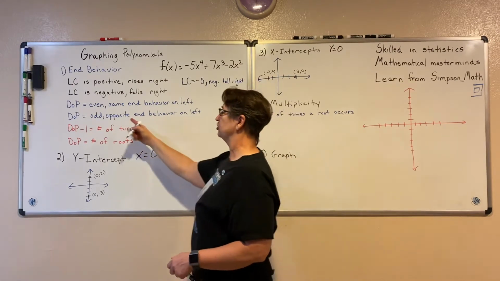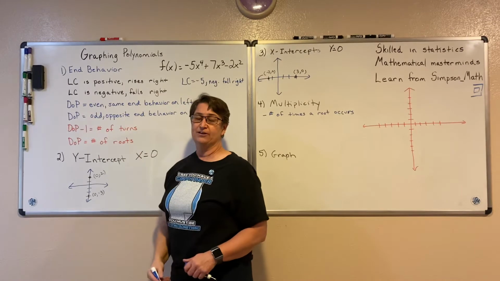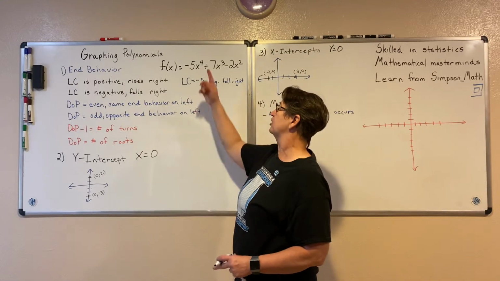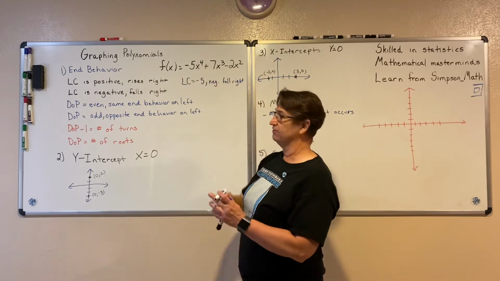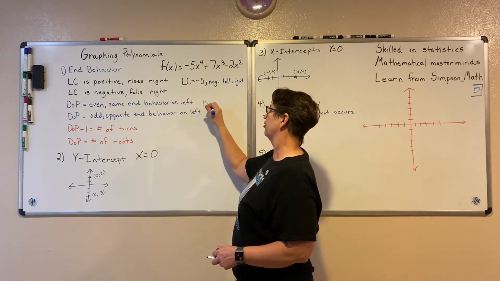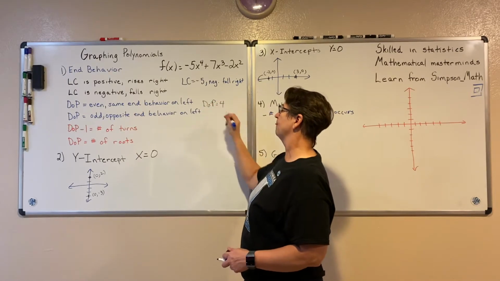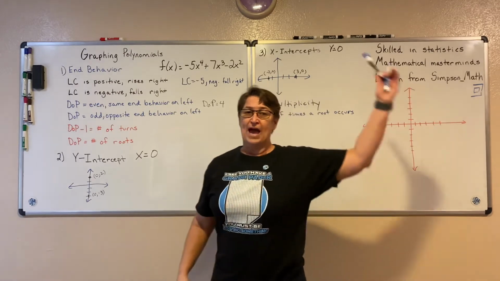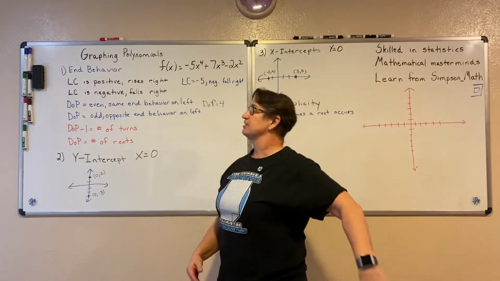Then I'm going to look at the degree of the polynomial. That stands for degree of the polynomial. And if I look at the degree of my polynomial, this is a fourth degree polynomial. So the degree of the polynomial is 4. When that degree is even, we have same end behavior. It's falling on the right.